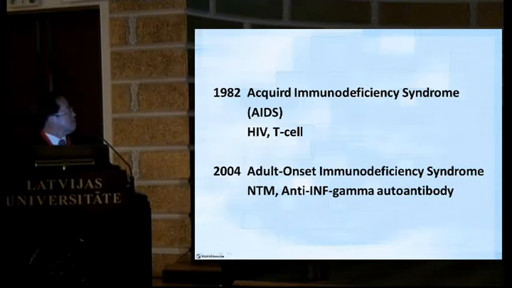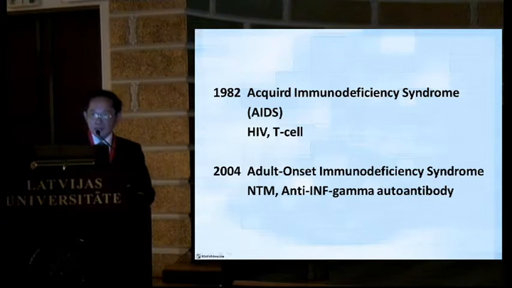Now, I'd like to discuss with you this new finding, new issue. It's called adult onset immunodeficiency syndrome, whose key player is the anti-interferon gamma autoantibodies. And the infection cause is usually the non-tuberculous mycobacteria.